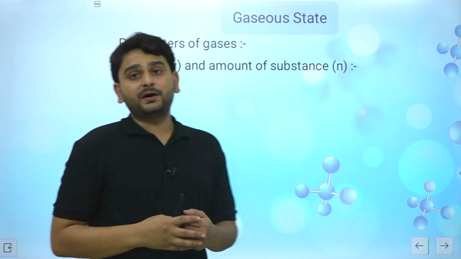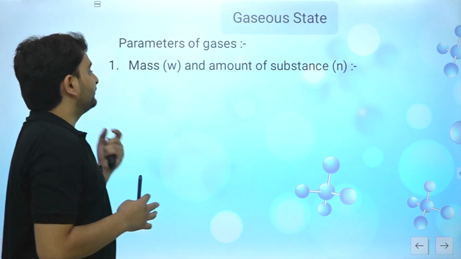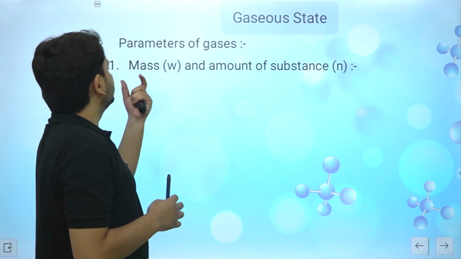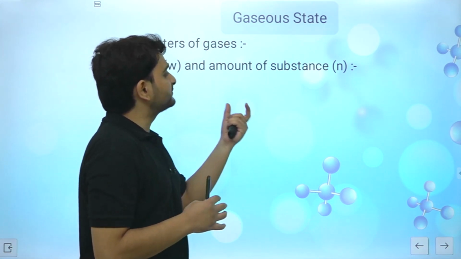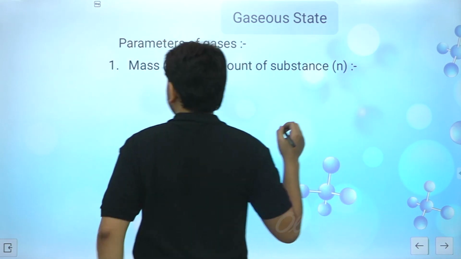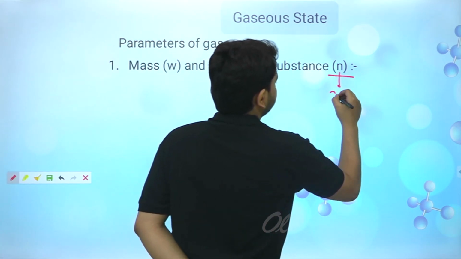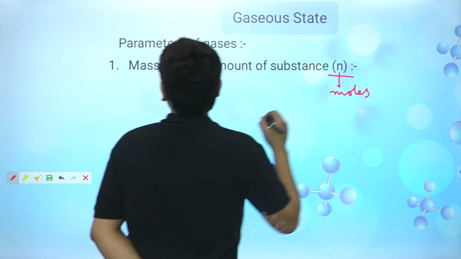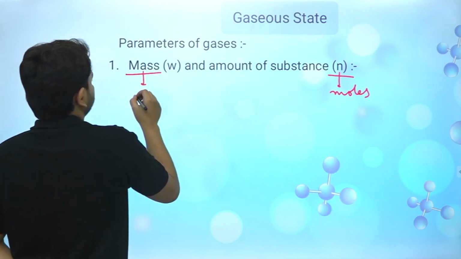Next, we'll talk about some parameters of gases. First of all, the mass and the amount of substance n. The amount of substance n, we're talking about the moles, and this is the given mass.